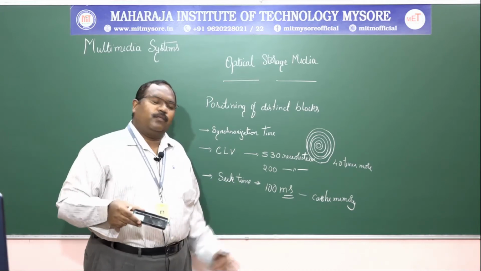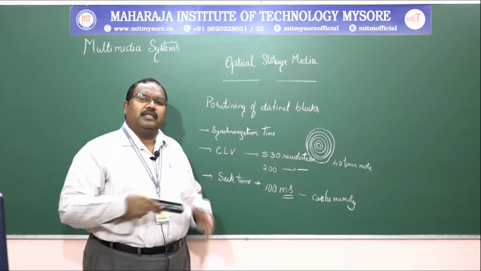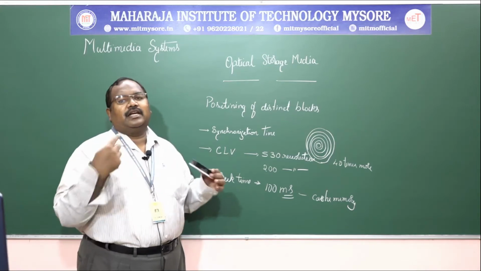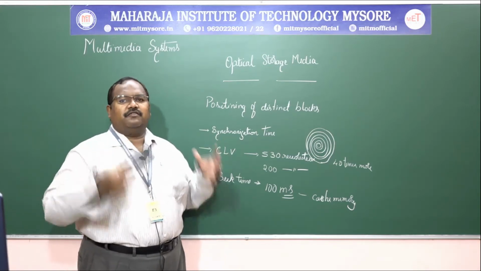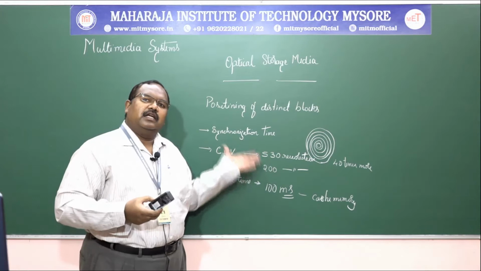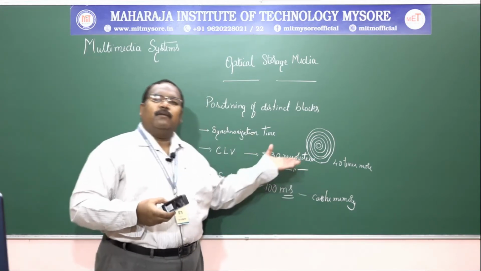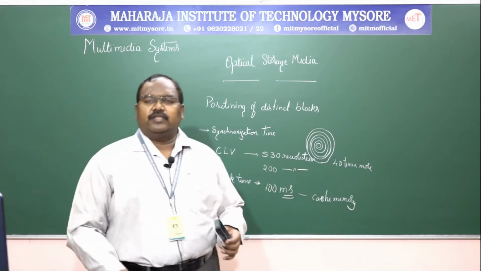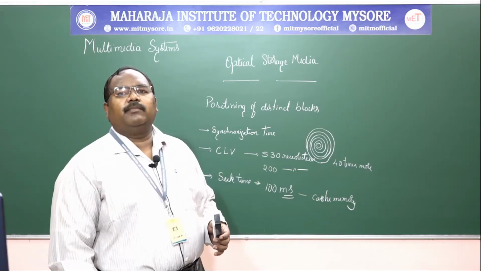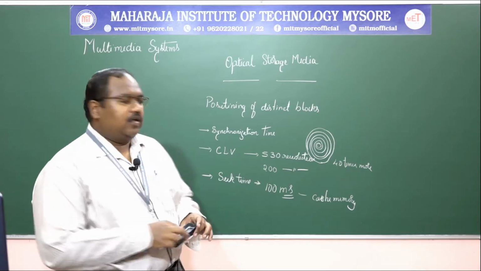Obviously the inner portion of the data is read much more, but the outer region is covered at a very fast pace. So these are the limitations, and with the latest technology we are already able to overcome them. This is about the limitations of the CD-ROM technology.